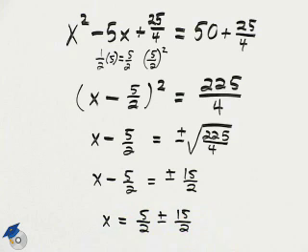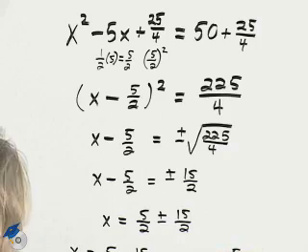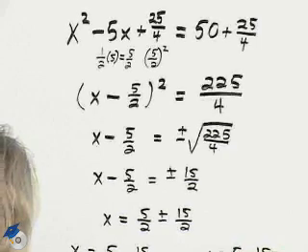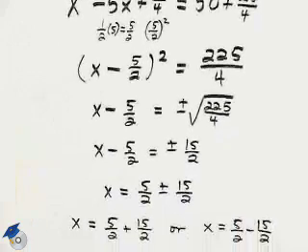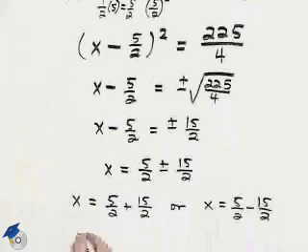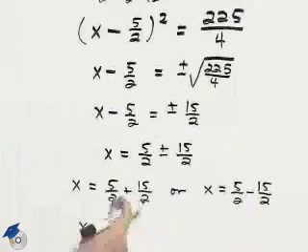Now we can actually simplify this even further. We can write x equals 5/2 plus 15/2, or x equals 5/2 minus 15/2. We're adding fractions. Luckily we have common denominators.